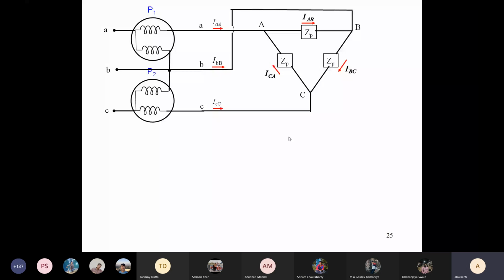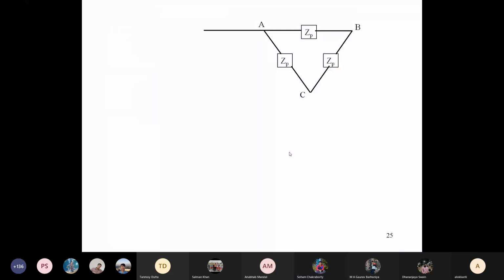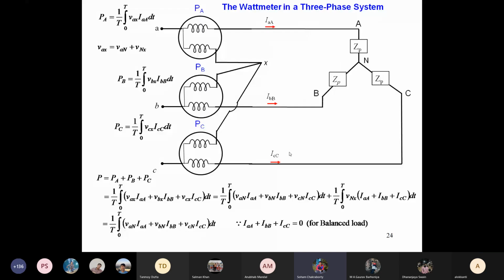Sir, I have a doubt. Can you go to the last slide once? Sir, here you said if we make one of the lines the reference, then we can reduce 1 wattmeter. No, I am not reducing one of the lines.